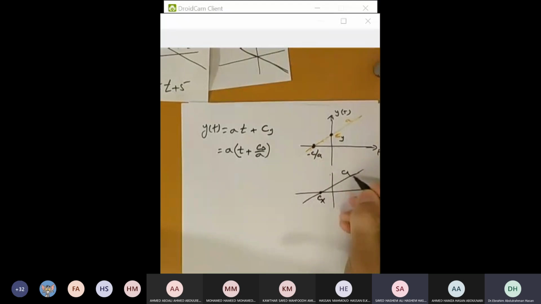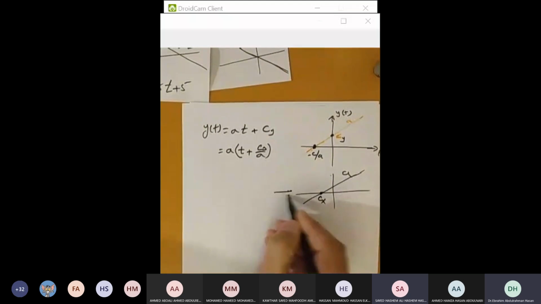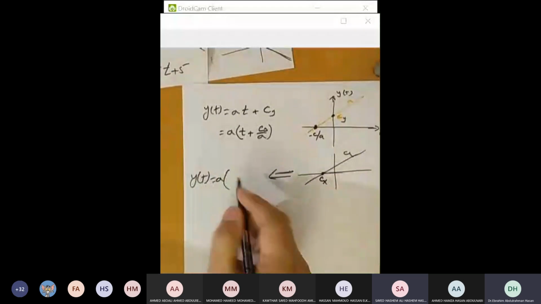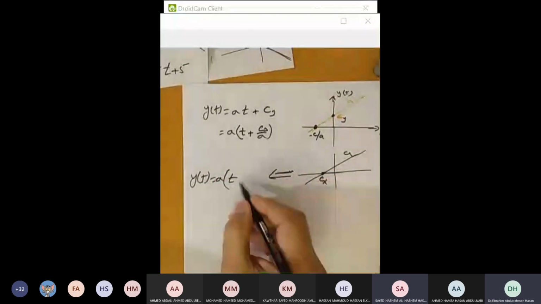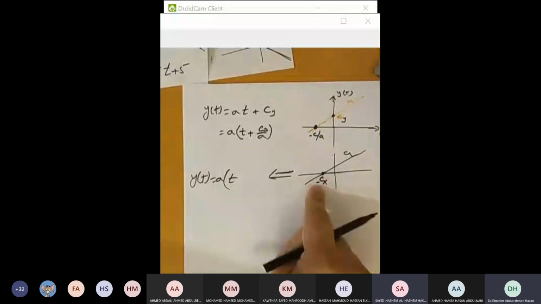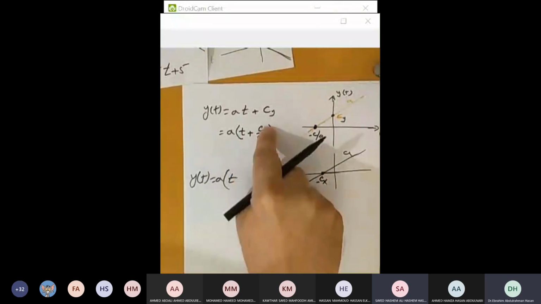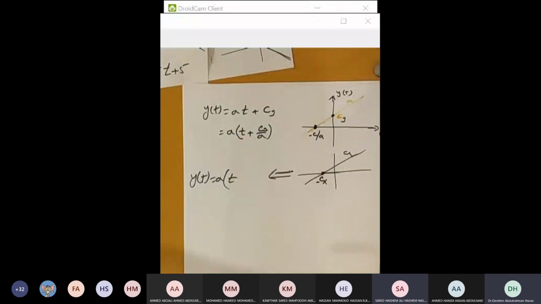And we have the slope, then I can write the equation directly, y of t equal to the slope, open bracket, t plus, of course this with minus c, which is equal to, because at y equal to 0, then t equal to minus c over a.